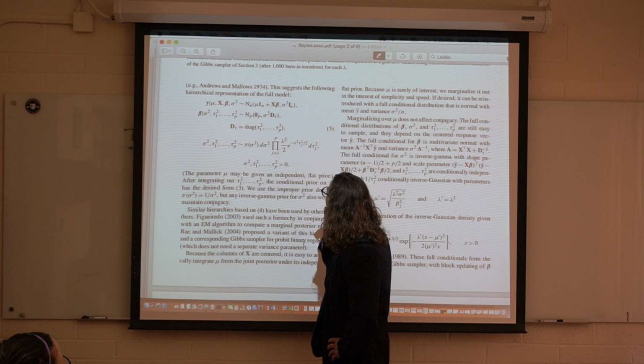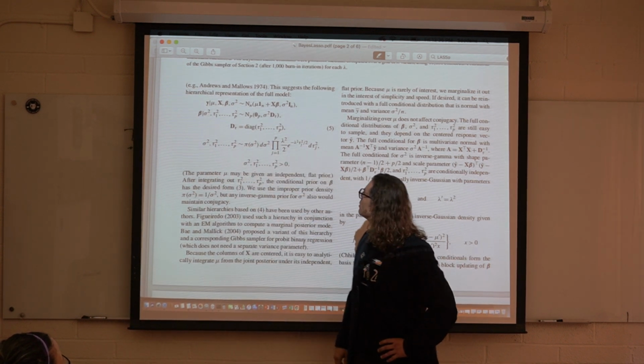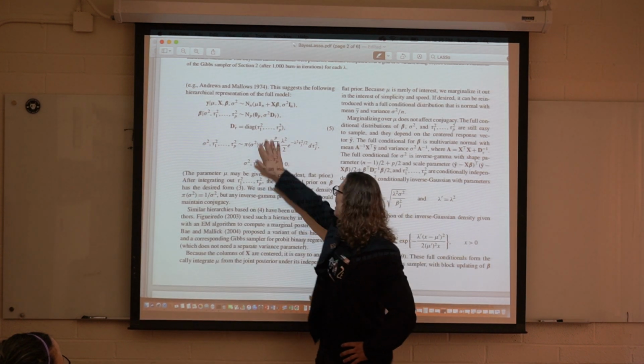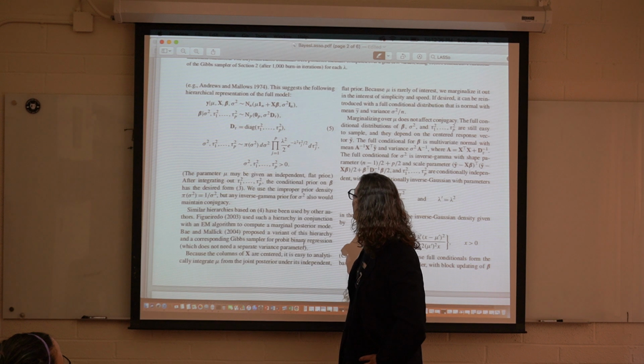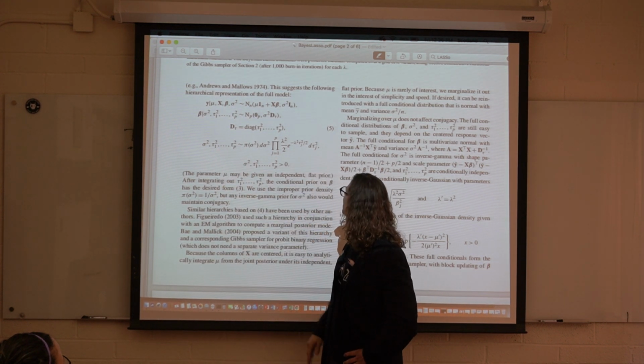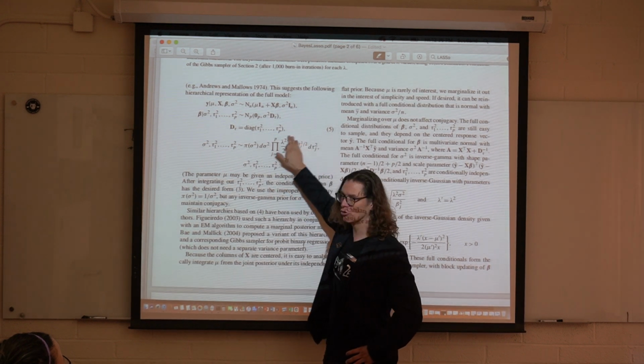So what they've done here is they ended up representing the betas as a normal distribution. There's some variances in here, so it's just a diagonal representation. And then they're going to let the diagonals right here vary according to an exponential distribution.